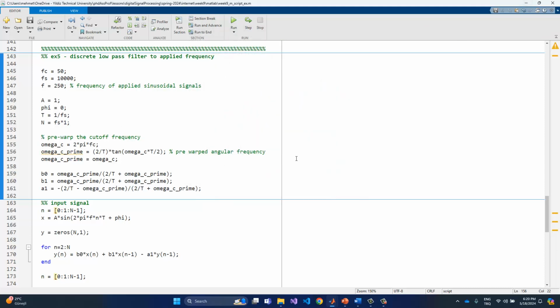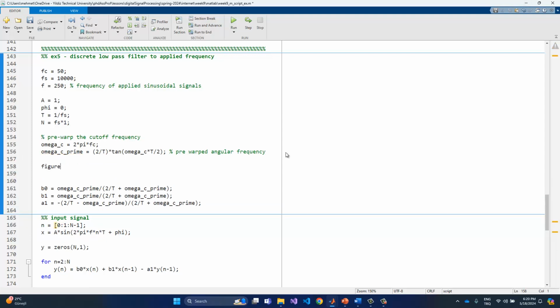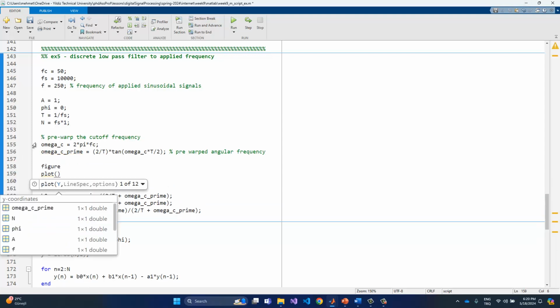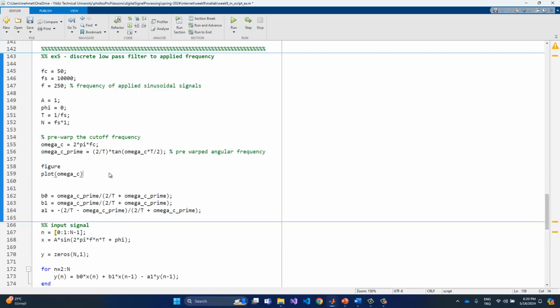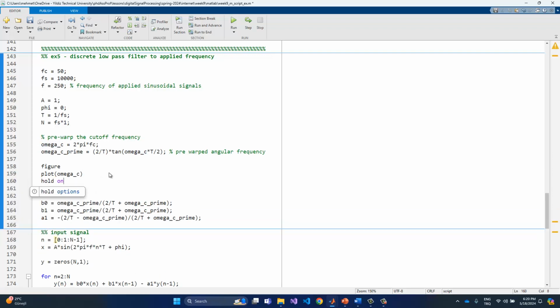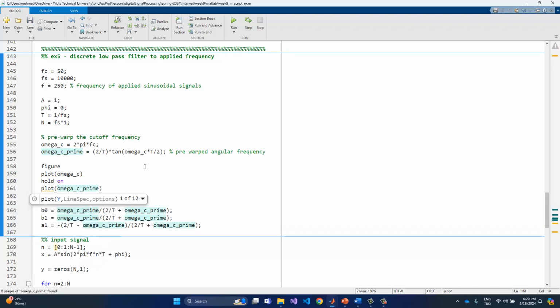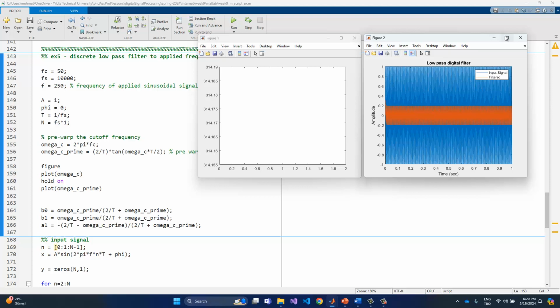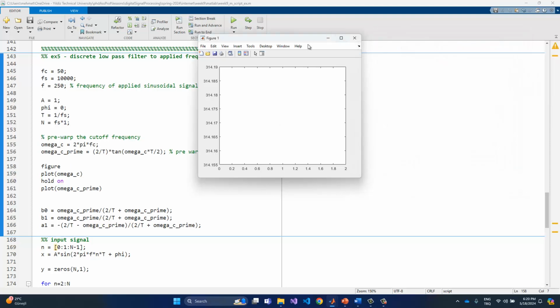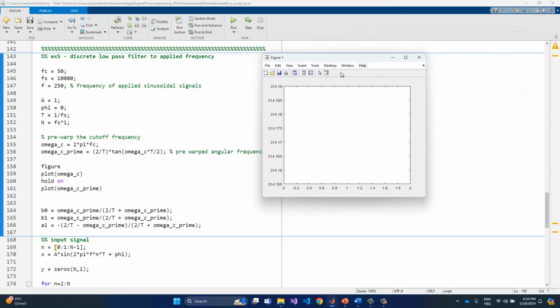See, the omega c, the figure, the plot omega c, and hold on, the plot of omega c prime can also be run here. And so see that the omega c prime is given in here just like this one.